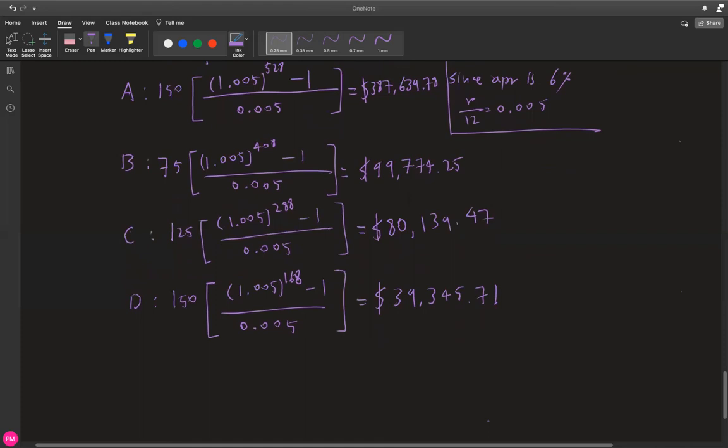So in order to calculate the total amount of savings, the total value of the savings is simply adding all four plans.